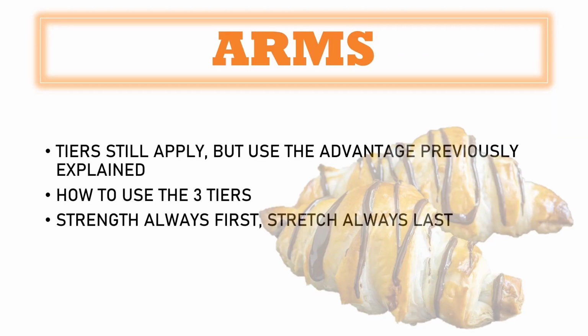Another common question people have about how to apply this is how you apply this to arms, because it's rare that you will do three biceps exercises or three triceps exercises in a single workout. So unless you're a piano enjoyer, depending on your split, you can use the three tiers like this.